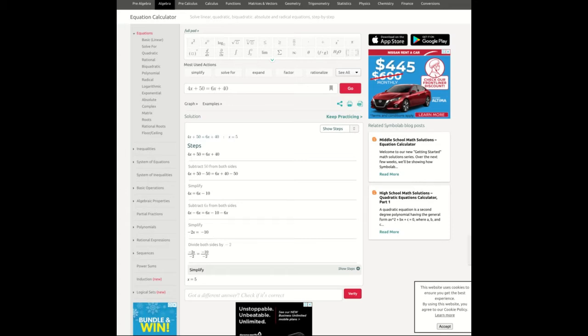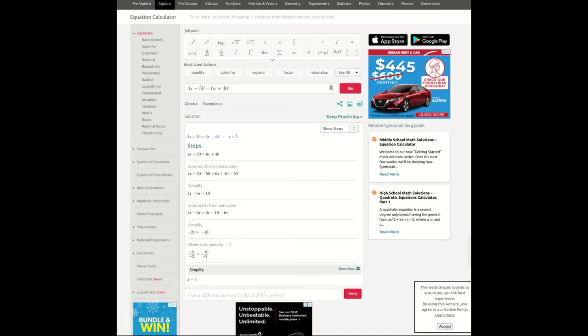And then after that, what is it telling me to do? Oh, did I even share the right page? Oh, cool. It's telling me to minus 6x on both sides. Once again, this depends on the equation. Minus 6x on both sides of the equation. This cancels out.